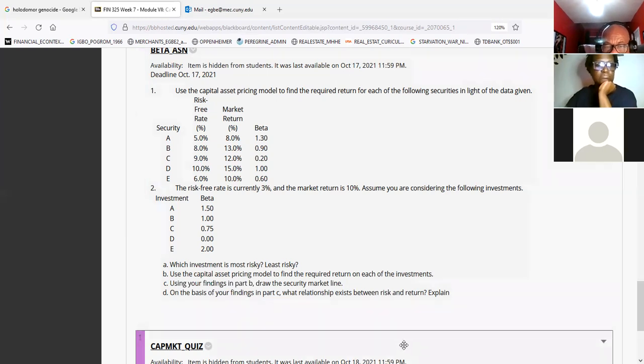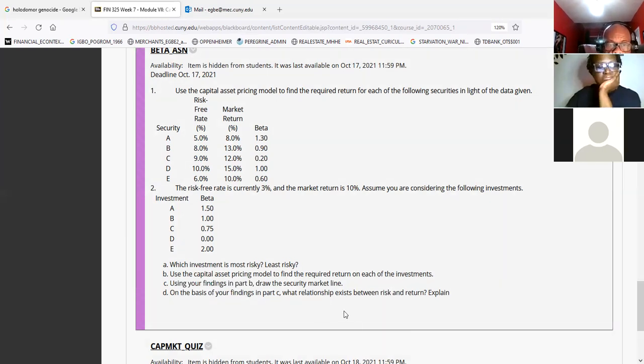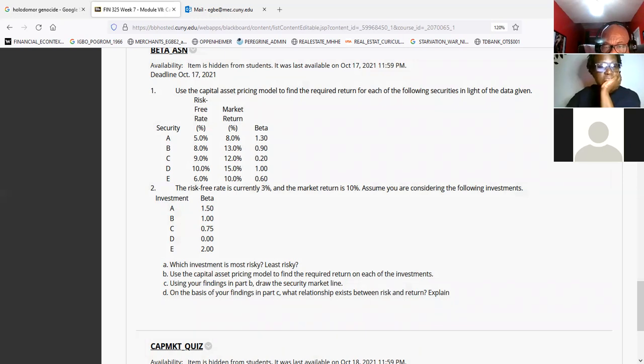Let's see if we can draw that graph, okay? Just give me a minute. All right, so essentially what you have to do here is to ask yourself, what if you change the market rate of return, okay?